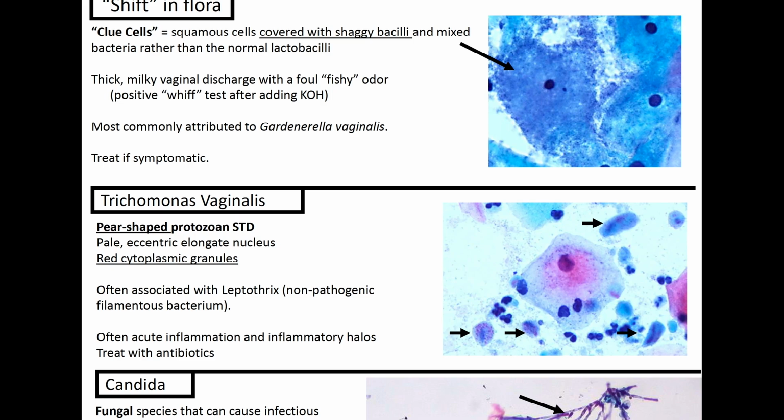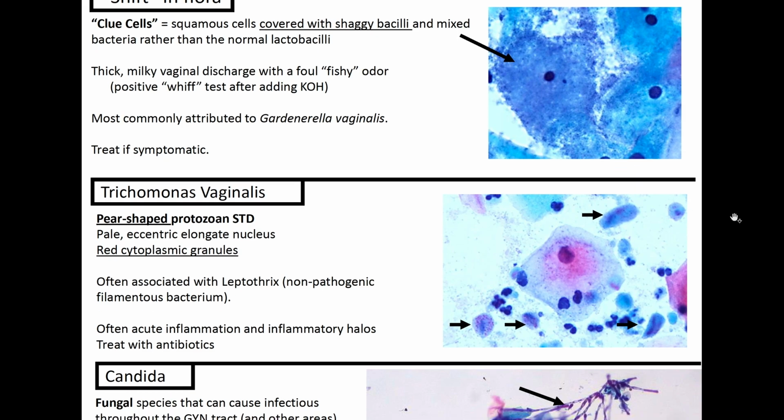And whenever that pH is altered, you can get overgrowth of different species of bacteria other than lactobacilli, such as Gardnerella vaginalis most commonly, that can lead to what are called clue cells, which are essentially just cells covered in bacteria. And this can lead to a thick, milky vaginal discharge with a foul, fishy odor, also known as the positive whiff test after adding potassium hydroxide. And this can be treated if the patient is symptomatic.